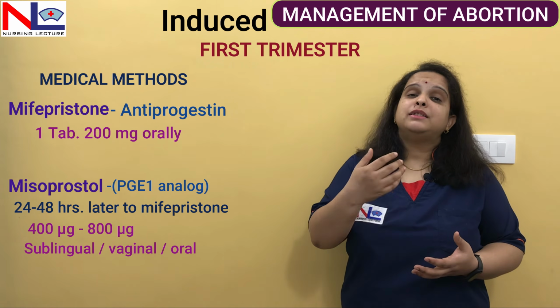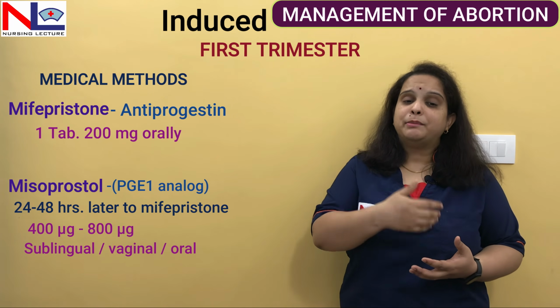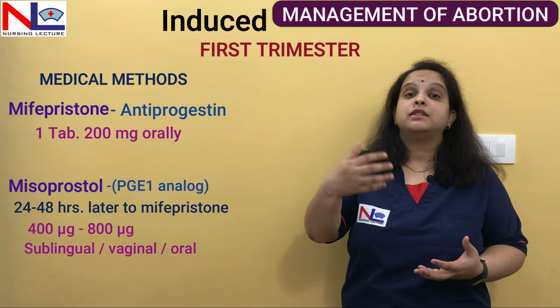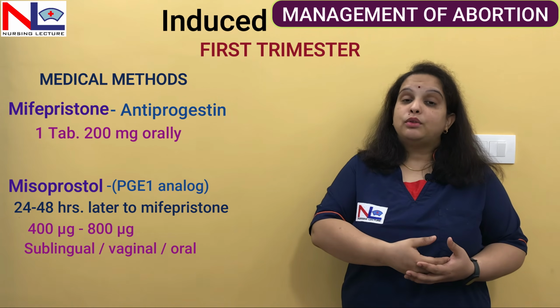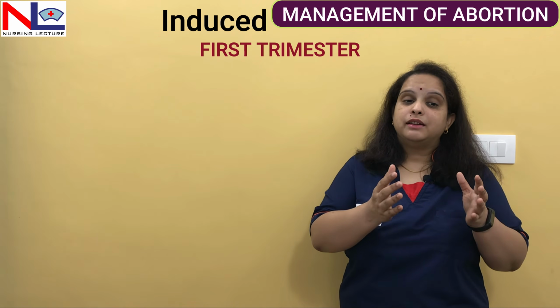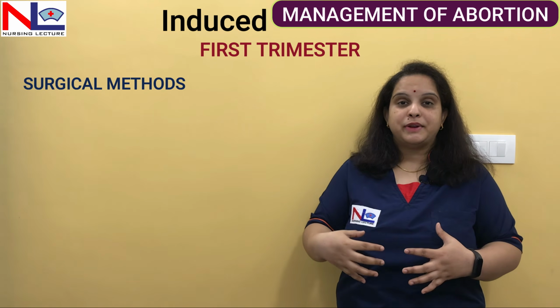Okay, but once the week of gestation advances in the first trimester, the medical management alone is not enough, because the size of the fetus is too big to deliver out. So in combination with the medical management, we perform certain surgical interventions to terminate the pregnancy.